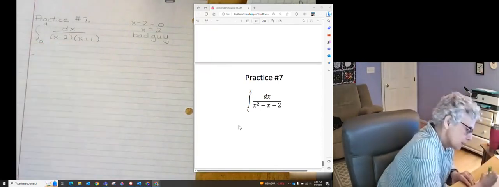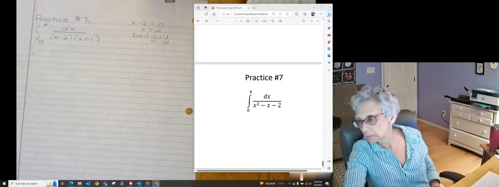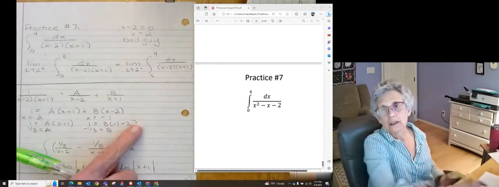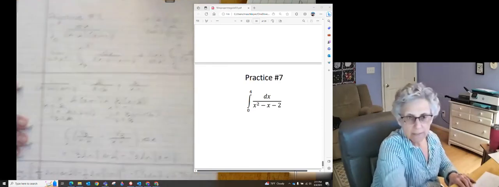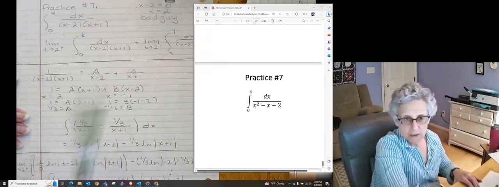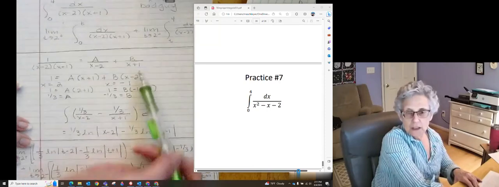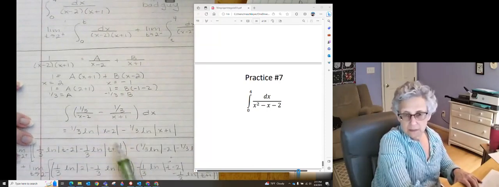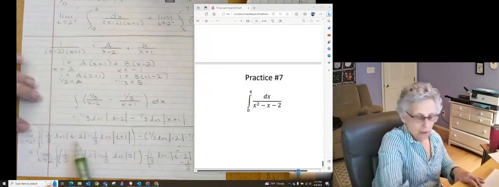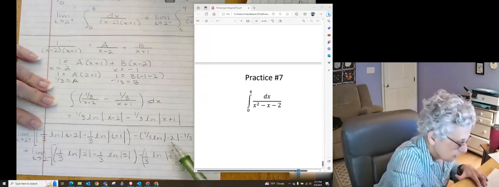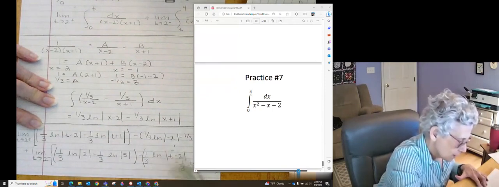So we'll divide it into 2 pieces, give it a try, we'll come back and compare answers. Okay, so we figured out where our bad guy was, so I wrote it in 2 pieces, and then I went ahead and wrote my integrand down and did the partial fraction decomposition, and then I integrated and I ended up with 2 logs. I plugged in t and 0 and 4 and t.